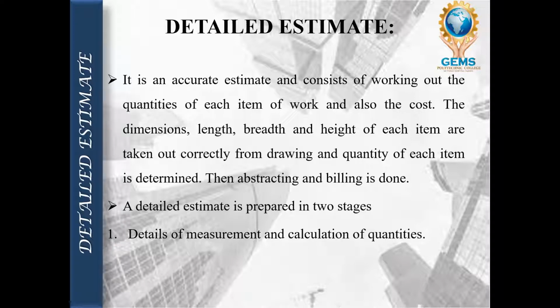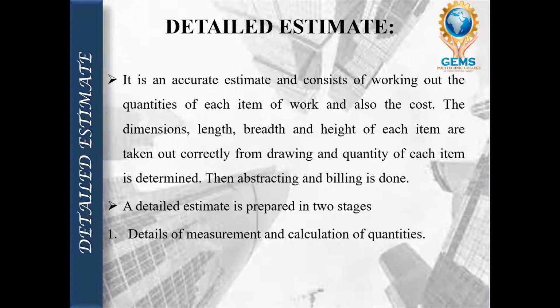For this purpose we need the whole drawing, the whole plan and section and everything about the building. The dimensions, length, breadth and height of each item are taken out correctly from the drawing, and the quantity of each item is determined.